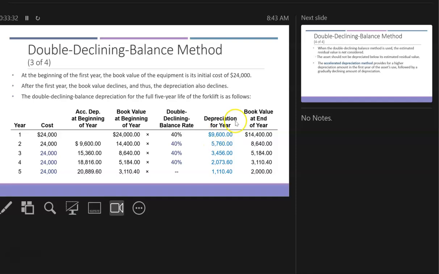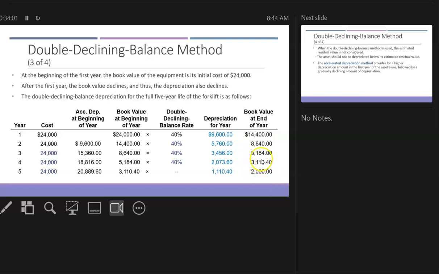So then we take the book value at the end of year 1, which is $14,400, minus the $5,760, to come up with a new book value at the end of year 2 of $8,640, and we'll multiply that times 40%. We keep doing that until we hit the residual value.